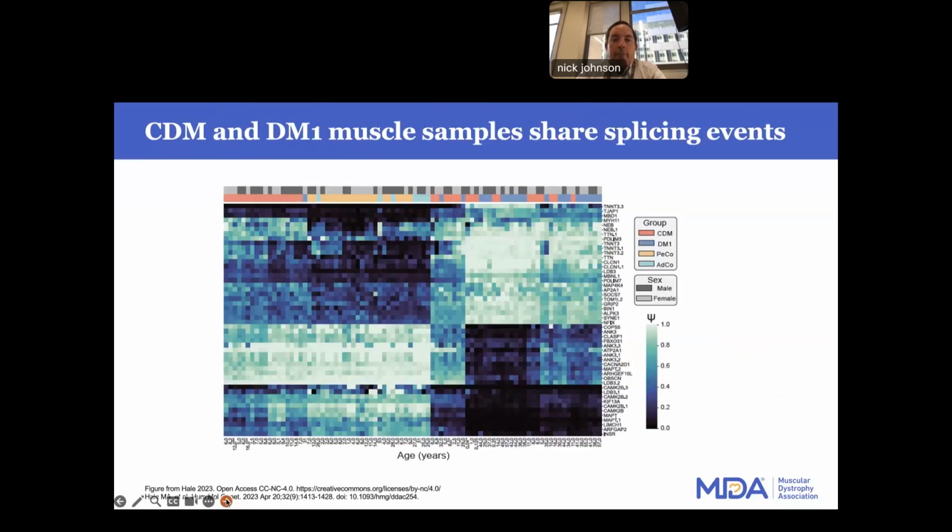And this is a heat map essentially showing how these groups correlate. Again, children with congenital myotonic dystrophy are highlighted in red and actually group in several different areas. So this group of congenital myotonic dystrophy patients grouped nicely with adults with DM1, but there's this other outlying population here.